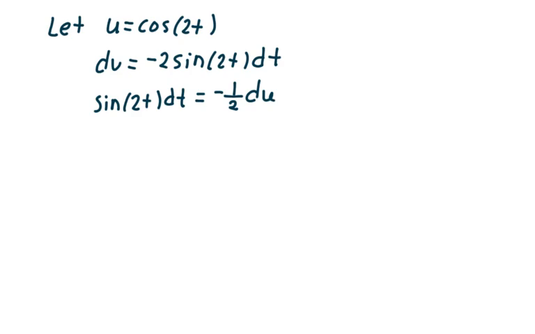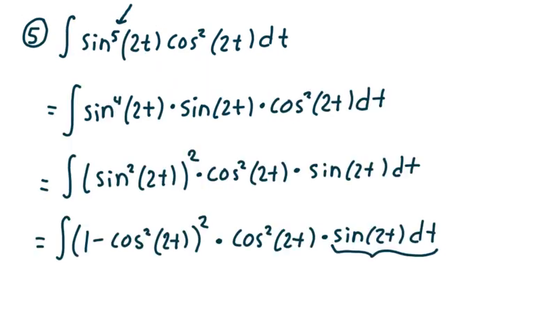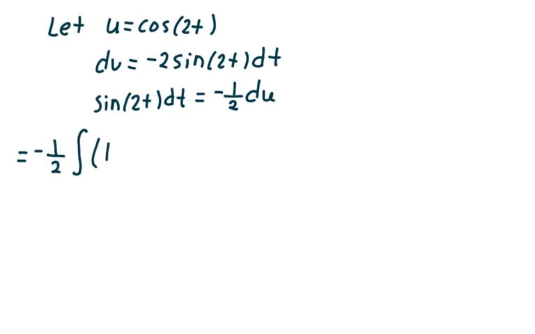Okay, from here, I'm going to pull the negative 1/2 out in front of the integral, and then I'm going to take 1 minus u squared to the second. And then I'm going to multiply by u squared, and I'm going to integrate with respect to u.